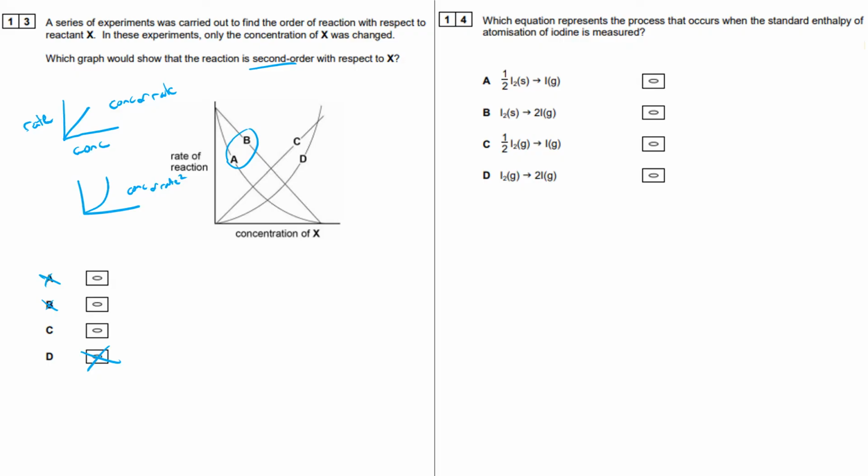Question 14. Which equation represents the process that occurs when the standard enthalpy of atomization of iodine is measured? So this is where you just have to learn the definitions. What is atomization? Well, atomization is where you're forming 1 mole of gaseous atoms from the element in its standard state.